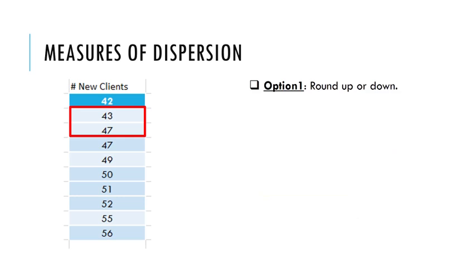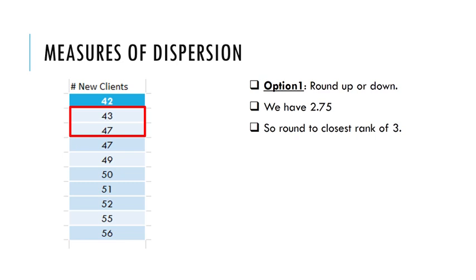So we have two approaches. Option one is that we can just round up or round down. So we have 2.75 as our rank. So what we need to do is figure out the kind of 2.75th position, if that makes sense. But we can round this up to 3, right? 2.75 rounds up to 3.